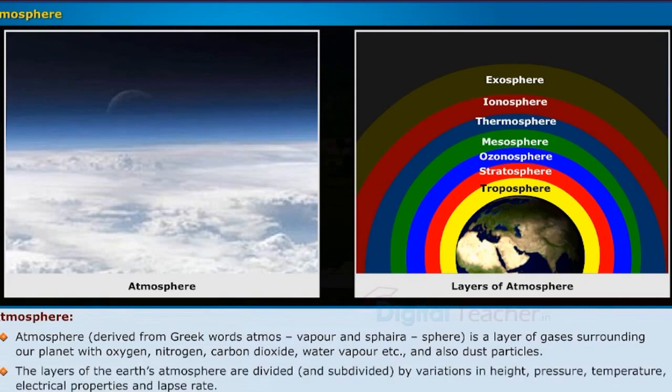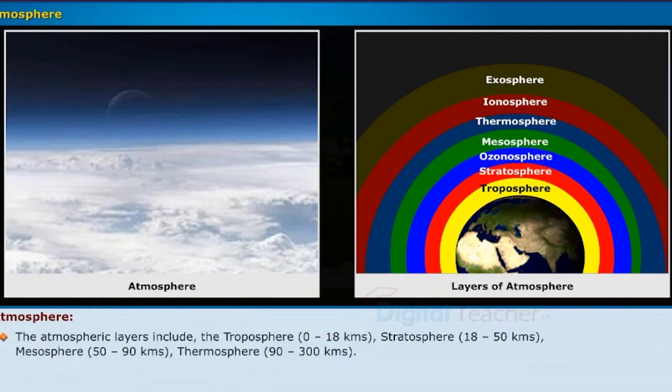The layers of Earth's atmosphere are divided and subdivided by variations in height, pressure, temperature, electrical properties, and lapse rate. The atmospheric layers include the troposphere 0 to 18 kilometers, stratosphere 18 to 50 kilometers, mesosphere 50 to 90 kilometers, thermosphere 90 to 300 kilometers.